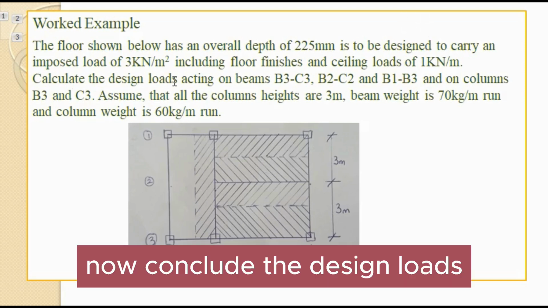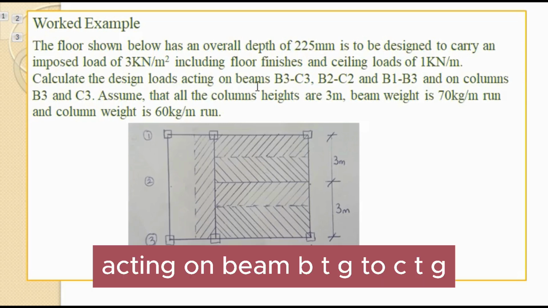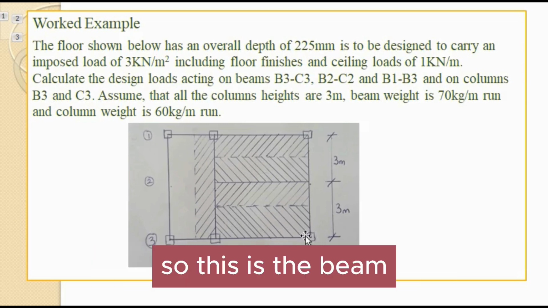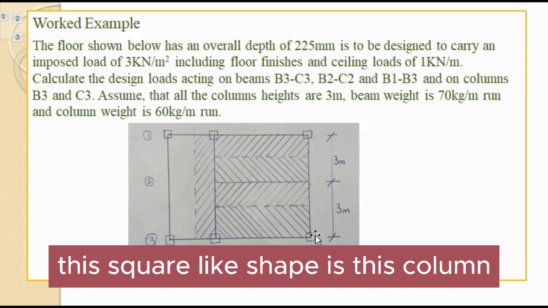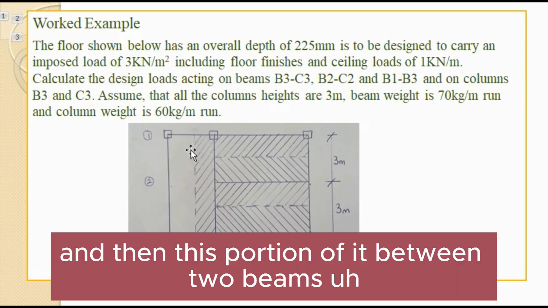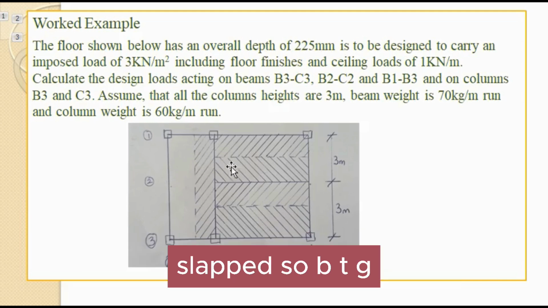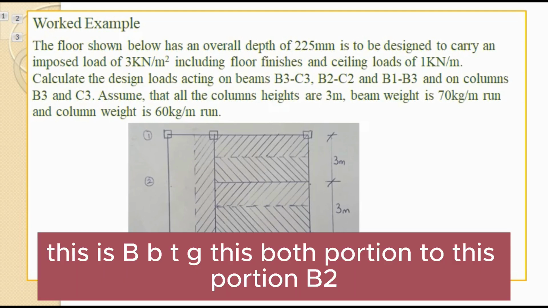Now calculate the design loads acting on beam B3 to C3. So this is the beam, this square-like shape is the column, and the portion between two beams is the slab. So B3, this portion to this portion.